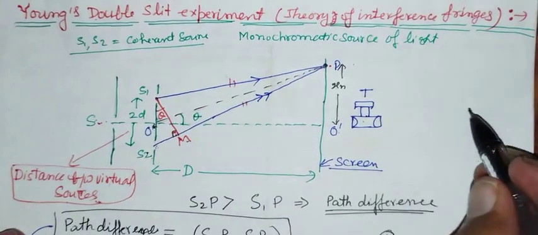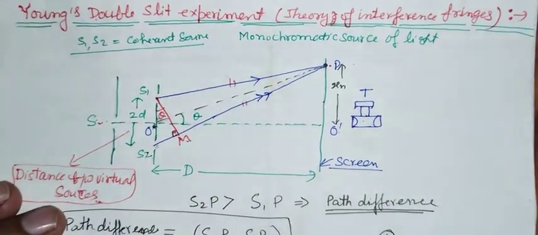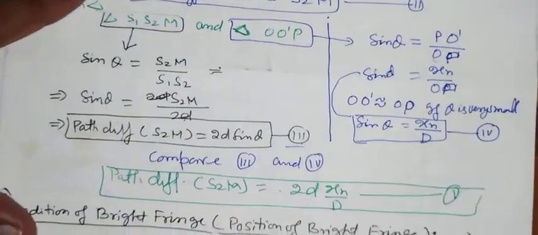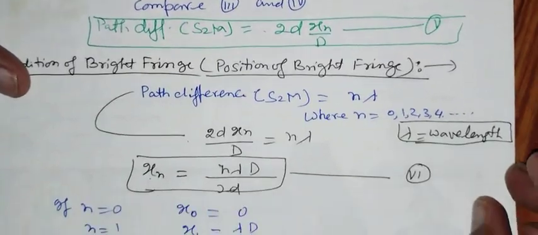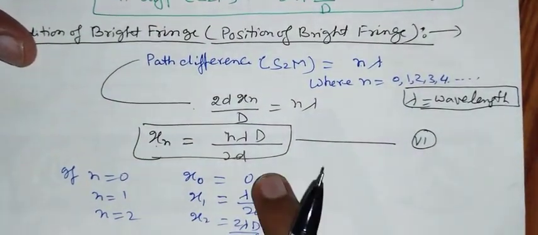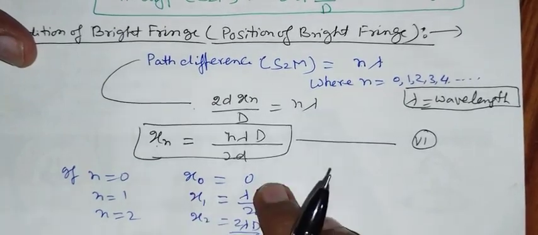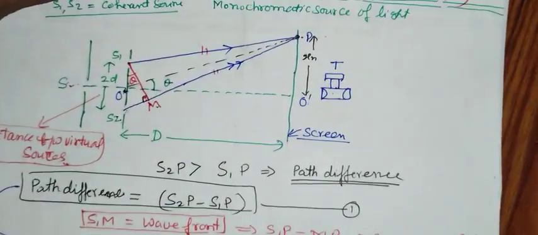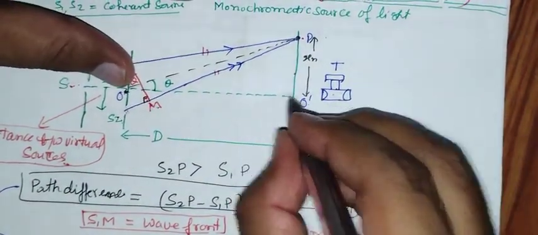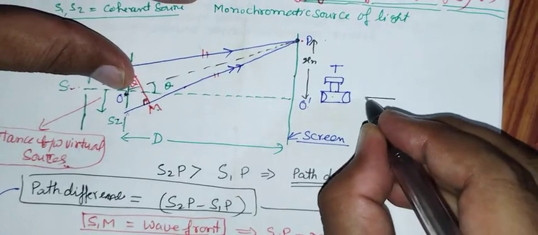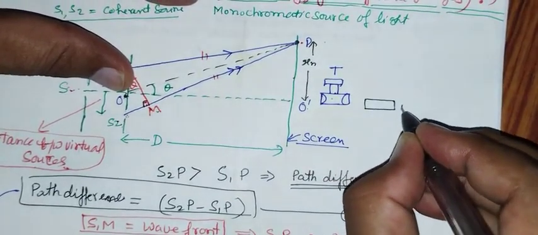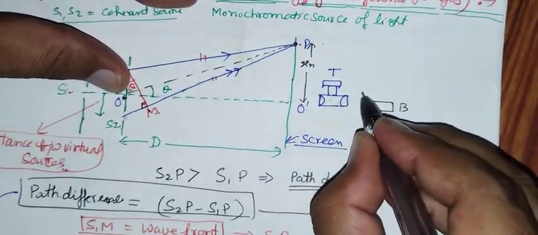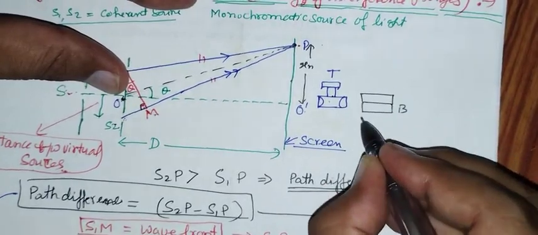Now the diagram of how the interference pattern will be obtained. To make an interference pattern, let us see the position of the bright fringes, that is x0, x1. x0 means the center fringe is the first position of bright fringe. So come here, x0 at the center. See, here is a bright fringe. Bright fringe we are getting here. Thereafter x1, dark fringe on both sides.